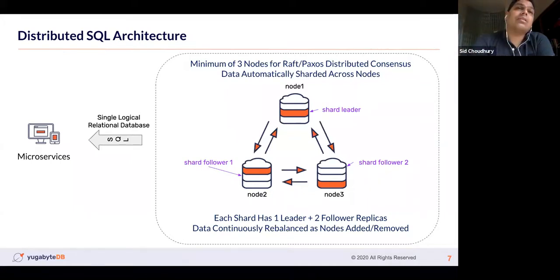And this replication algorithm is usually Raft or Paxos because these are distributed consensus algorithms that help us build resilient systems easily. As the size of the cluster changes, as you add more nodes or you remove nodes, the data continuously gets rebalanced across the available capacity in the nodes. Now, this entire cluster of n number of nodes presents a single logical relational database using an SQL protocol or language to microservices. That's, I would say, at the core of what distributed SQL architecture looks like.